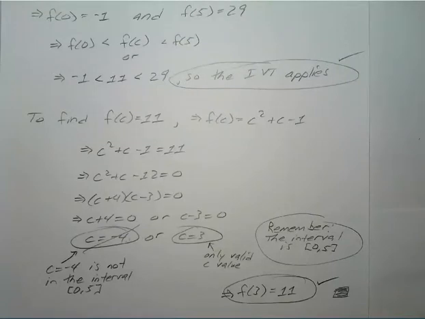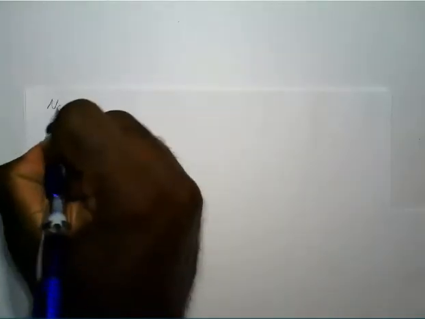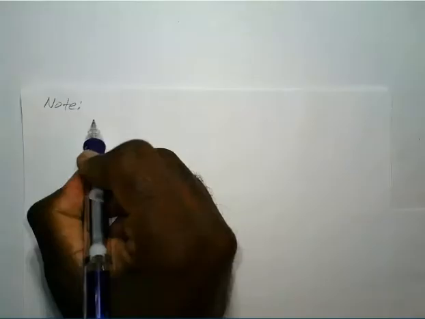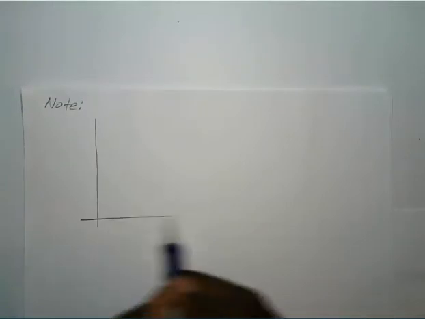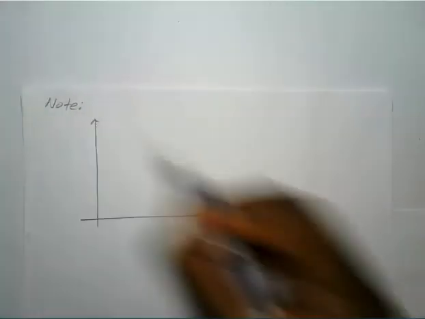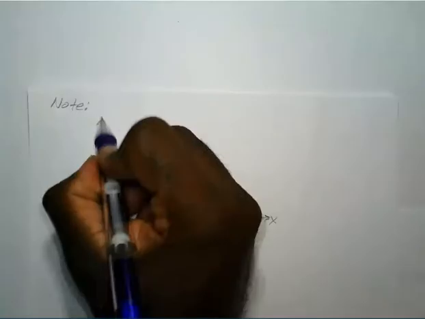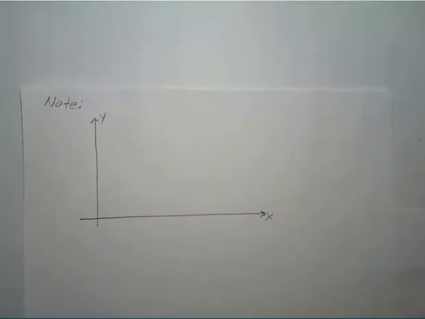All right. Okay, so I want to point out one other little thing, and that'll be it. Just a quick little side note. Let's say you have your x and your y axis.